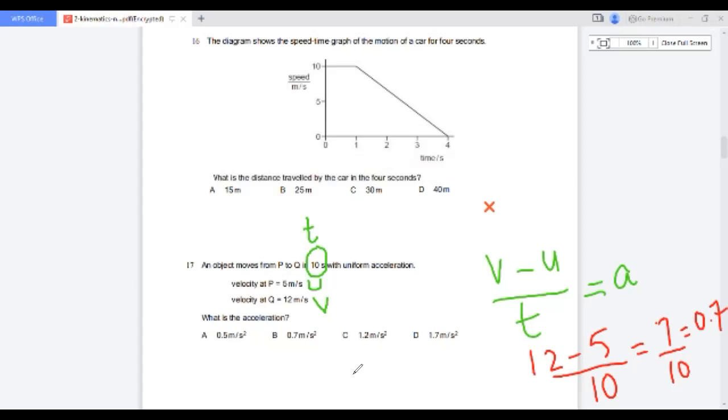So our correct option is this one, and the rest of them are incorrect.